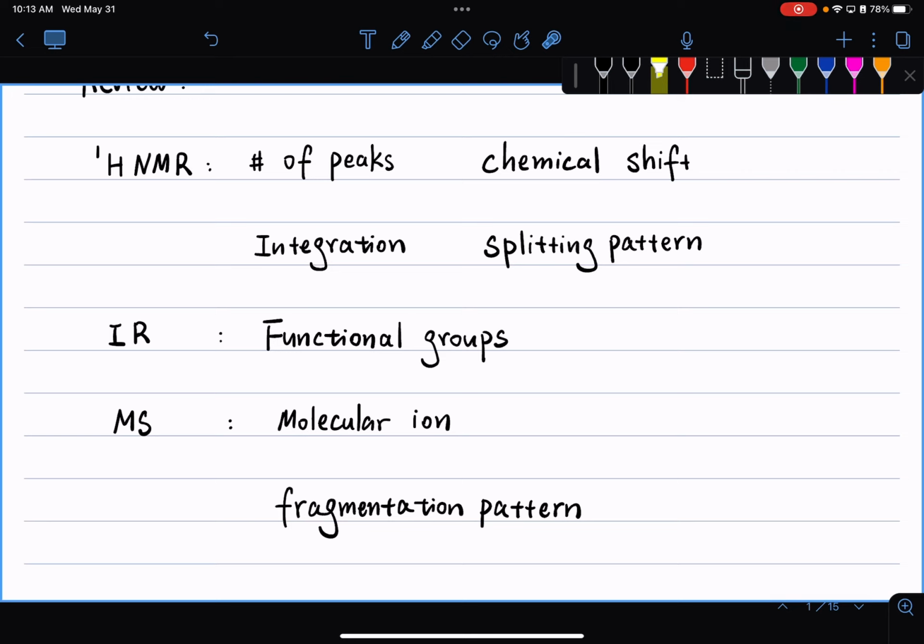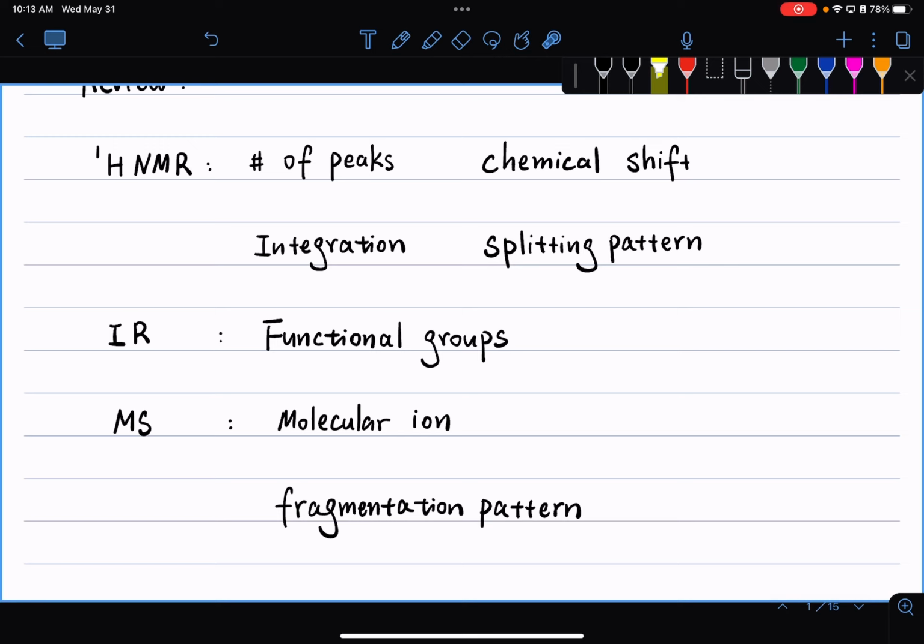Then last week, we spent some time going over IR, or infrared spectroscopy. The primary use of IR is to identify functional groups. Remember the 2 iconic functional groups we discussed. One is the OH group, or NH, OH, NH stretching.